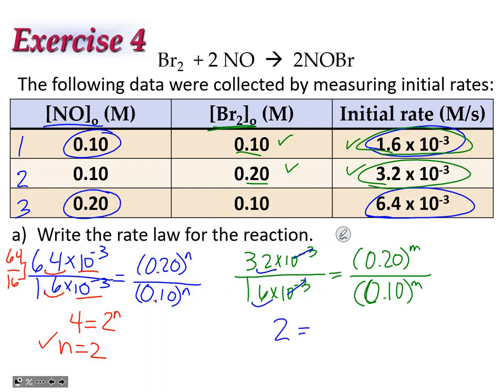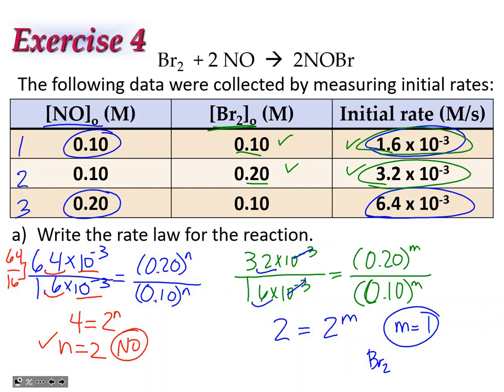So this is going to be 2 equals 2 to the m. So what is our order of reactant for our bromine? That one is going to be a 1. Very good. So this is for the bromine over here. This one over here was for the NO reactant.